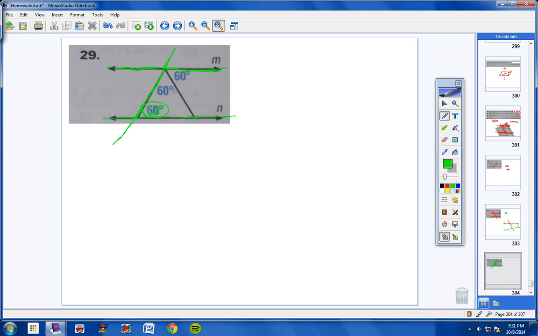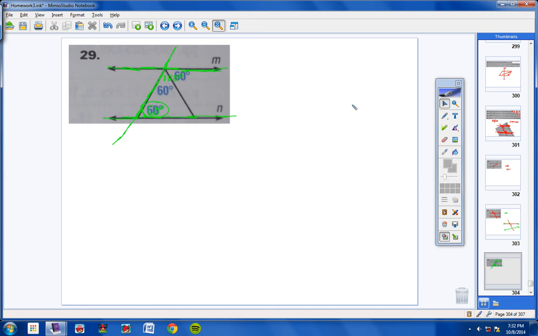Now this whole angle here from here to here would be made up of two little angles. This angle here with one dot is 60, and this angle here with two dots is also 60, right? We can see that. So if I wanted to find the whole angle from here to here, I would add the two angles together and I would get 120. So this whole angle here is 120.